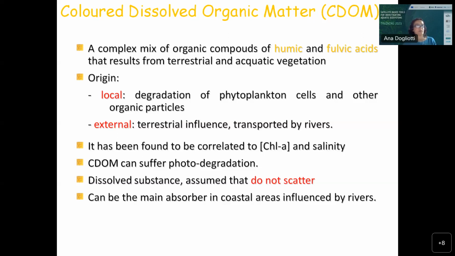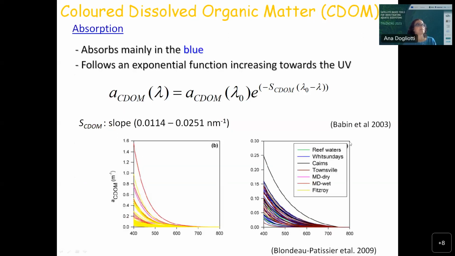The optical properties of CDOM: the absorption is mainly in the blue and follows an exponential function increasing toward the UV, and this exponential has been found to be quite variable too. I will not talk about scattering because it doesn't scatter.